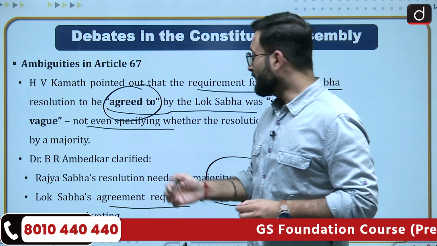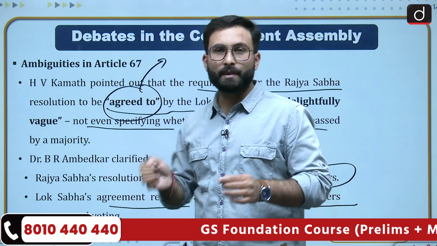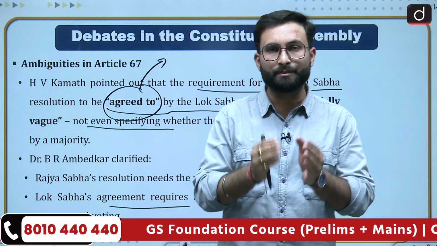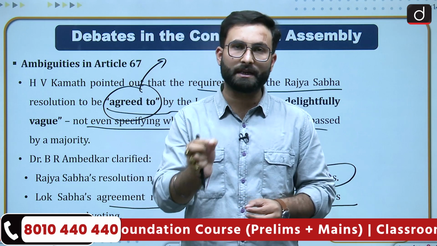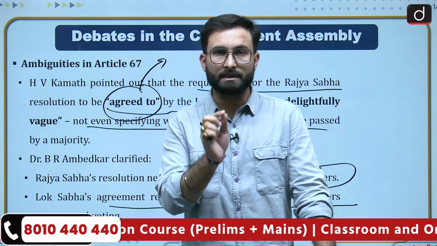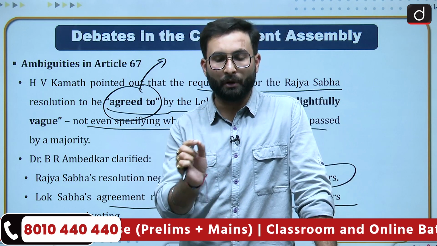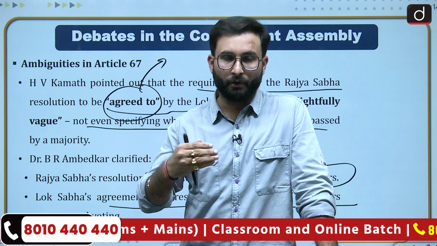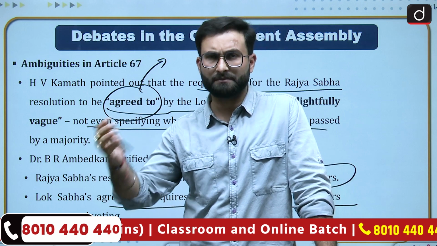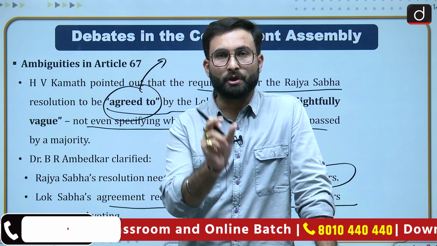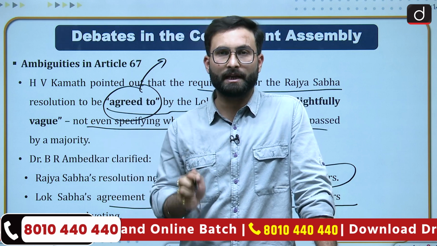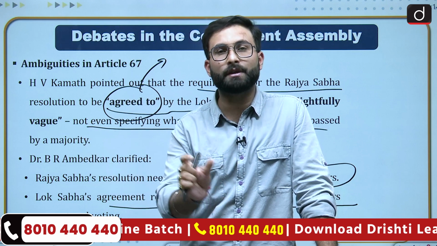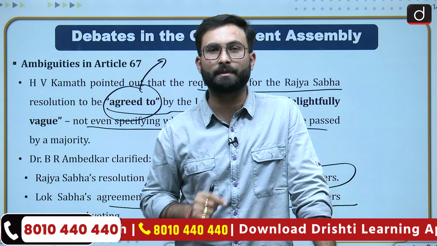That means the term "agreed to" means you have to pass the resolution with the simple majority of the people who are present and voting. Here you can see there is a difference: the majority for passing the resolution in Rajya Sabha is the majority of the then members, and in the Lok Sabha it is the majority of those present and voting. So please keep that in your mind.